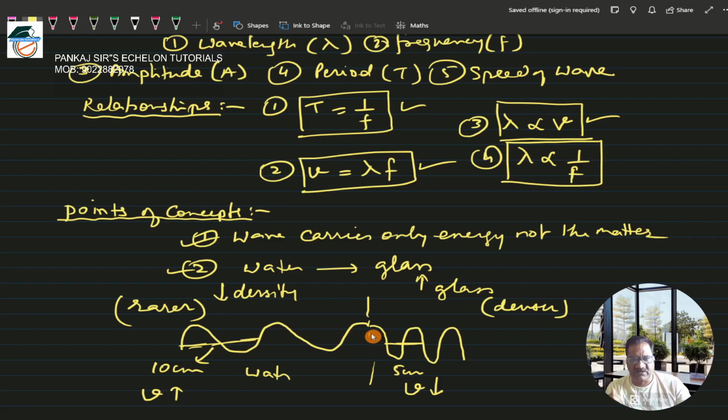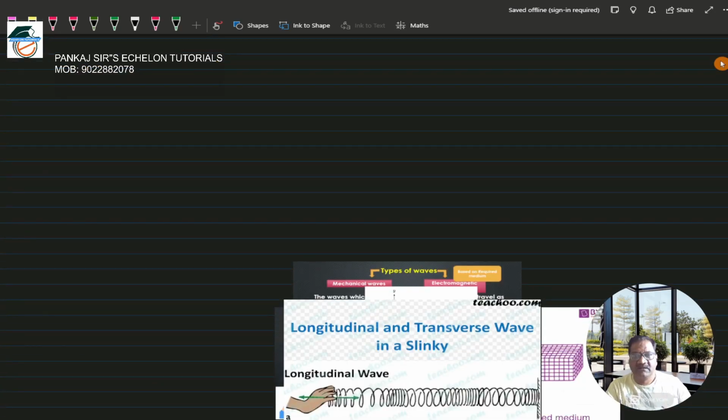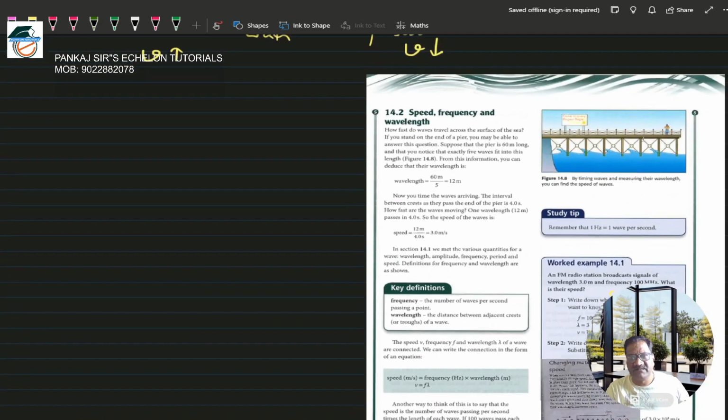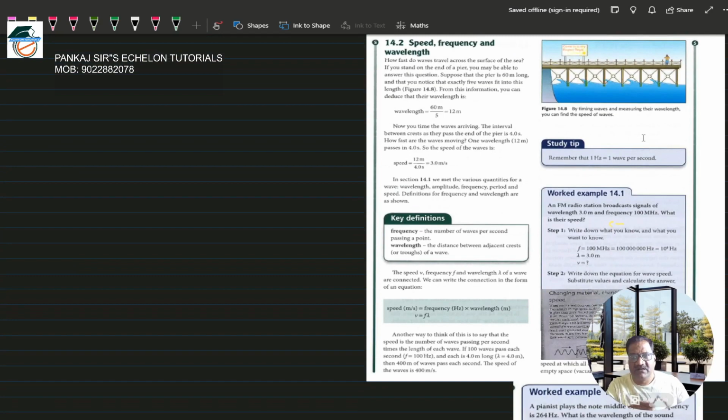So now the next step is to jump into the numericals. We will be solving some numericals pertaining to the terms and terminology that we have studied. So let us move on to the numericals. Now this is the very first numerical that we are going to work out, and this is from your textbook only.